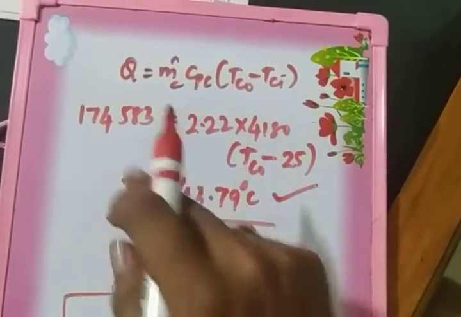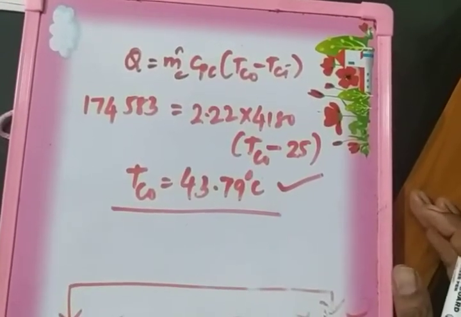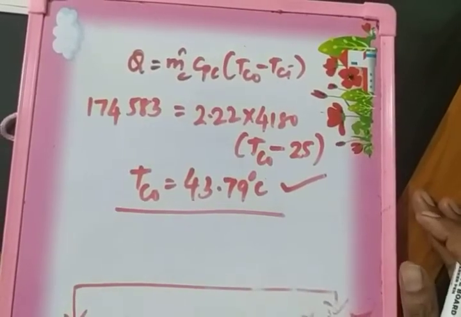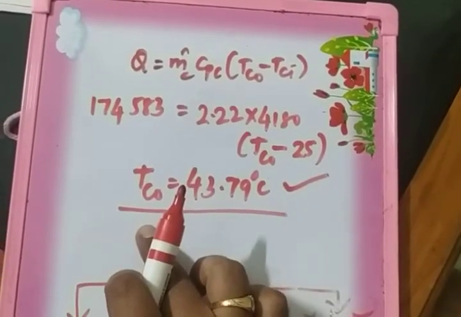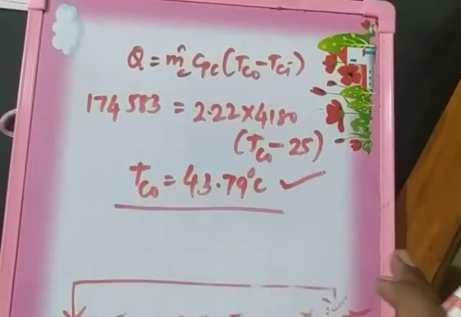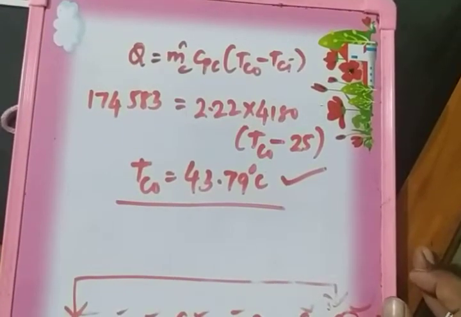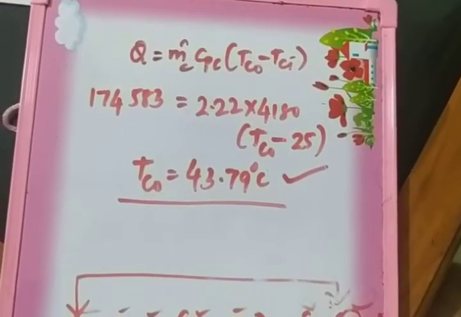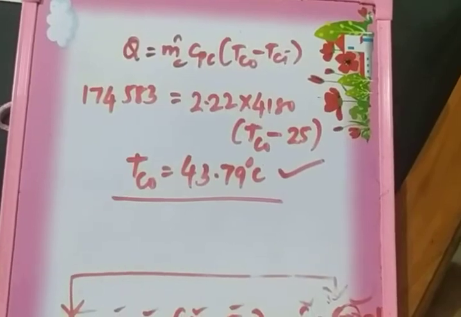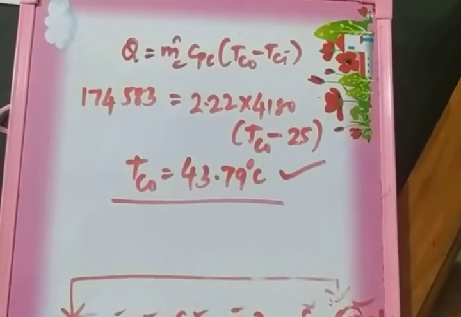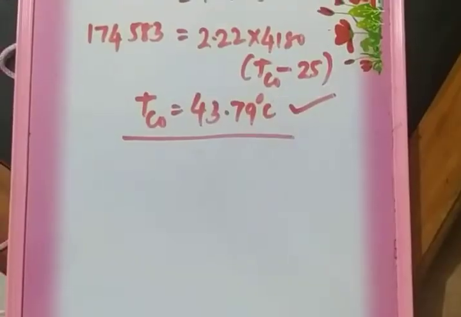So this way we shall calculate the other temperature. Now you see that once TCO is obtained, all four temperatures will be known to us. Once all temperatures are known, it is very easy to calculate the LMTD for a given heat exchanger using these four temperatures.